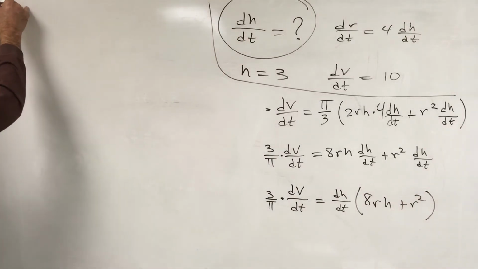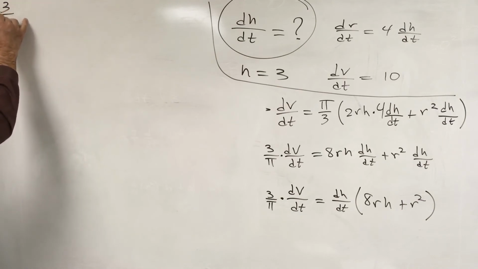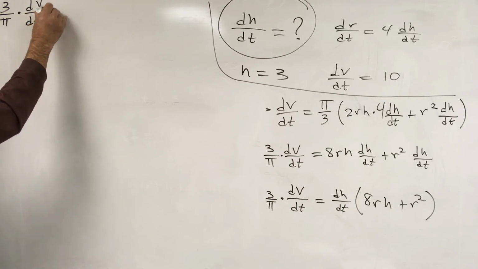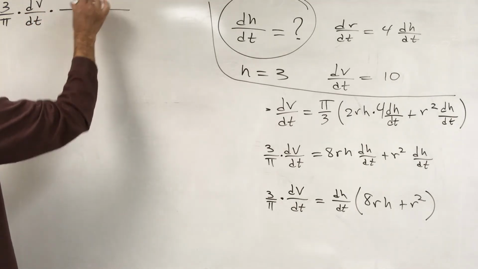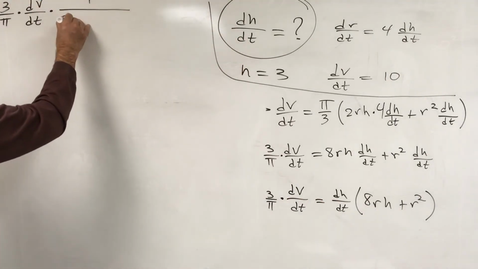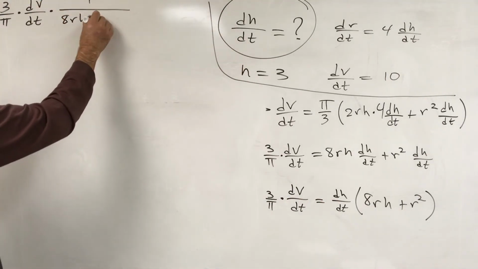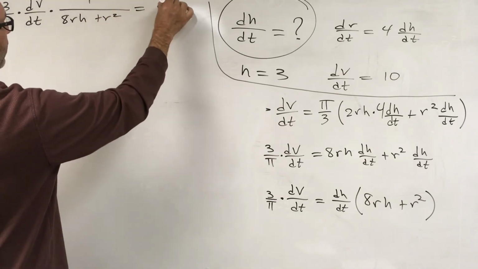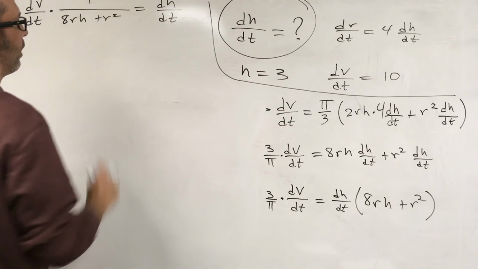So 3 over pi dV/dt times 1 over 8rh plus r squared equals dh/dt.